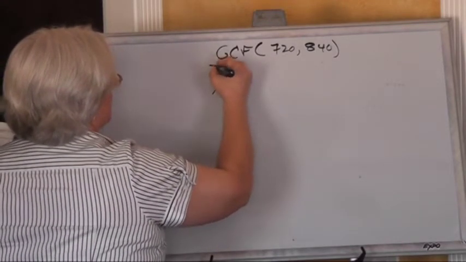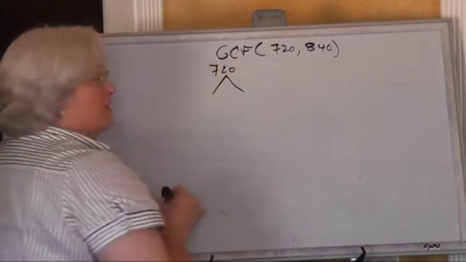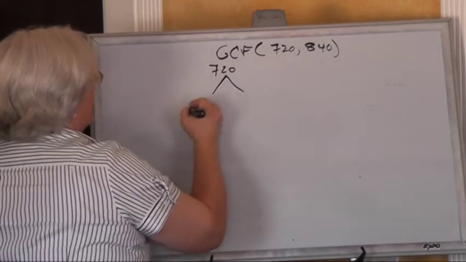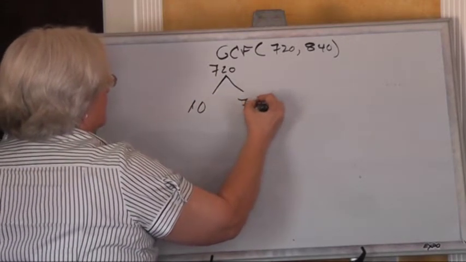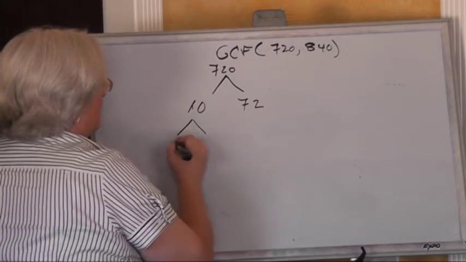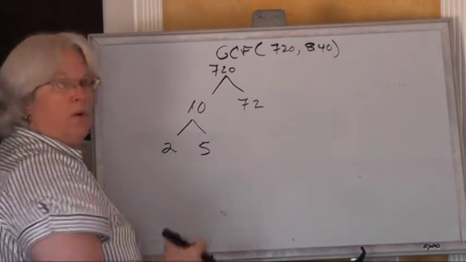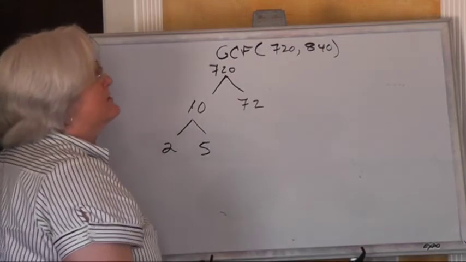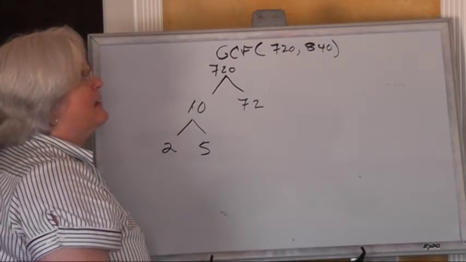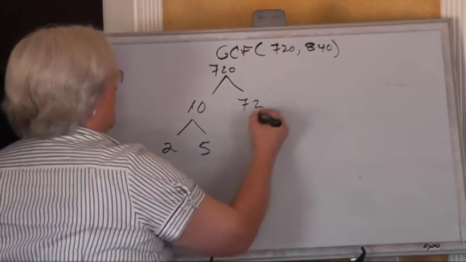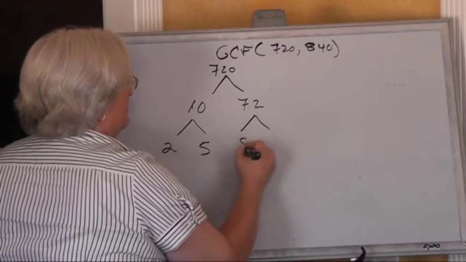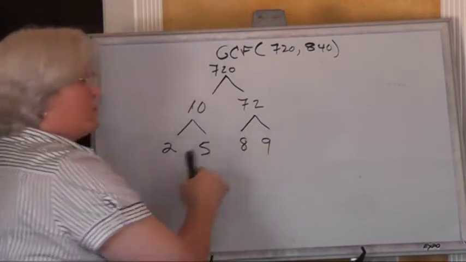I'm going to start with 720, and I see right away that 720 factors into 10 times 72. 10 is 2 times 5. What is equal to 72? Let me see. 6 9s, 7, 8 9s. 8 times 9 is 72. Is 8 prime?